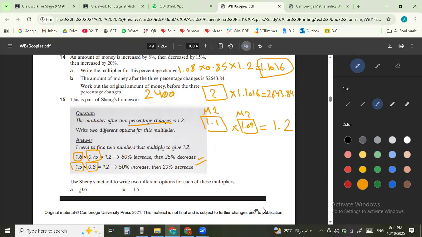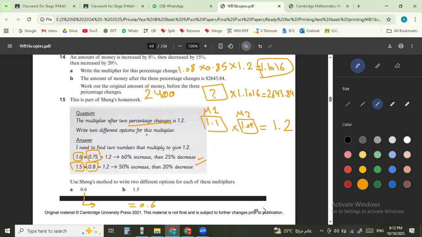So let's talk about the other one over here, 0.6. They wanted two different options for each of these multipliers. 0.6 here is going to be what? I need two numbers that when I multiply, they give me 0.6.